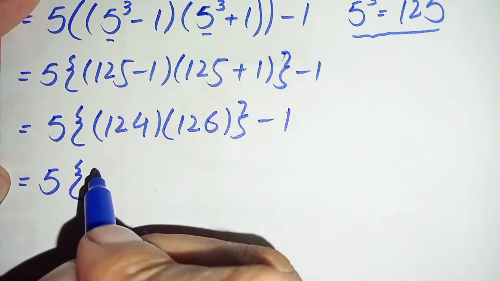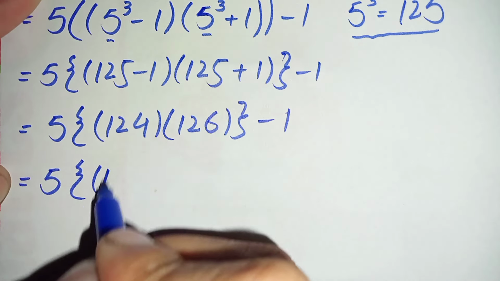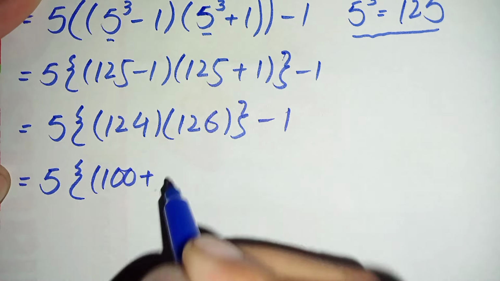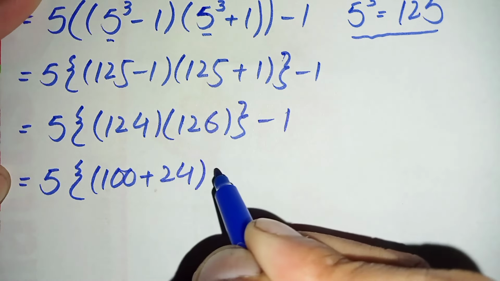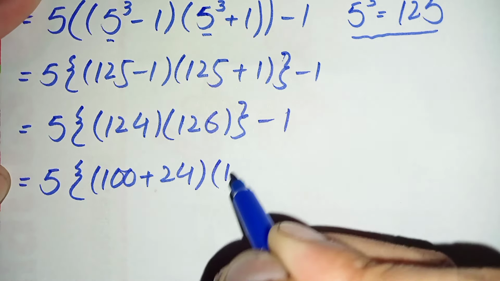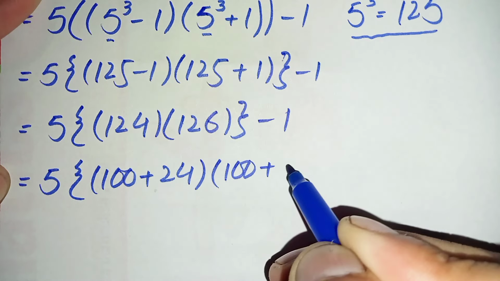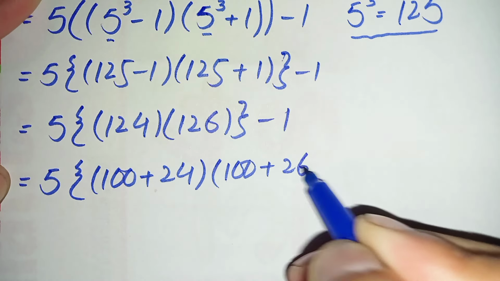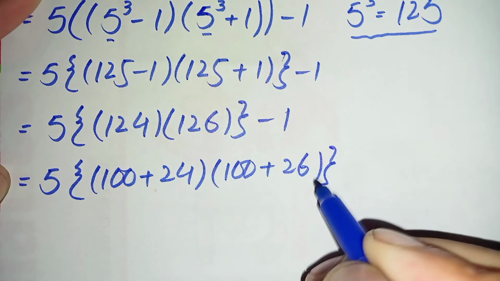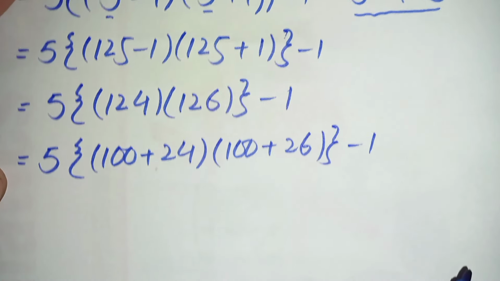So 124 can also be written as 100 plus 24. Similarly, 126 can also be written as 100 plus 26, close, minus 1.